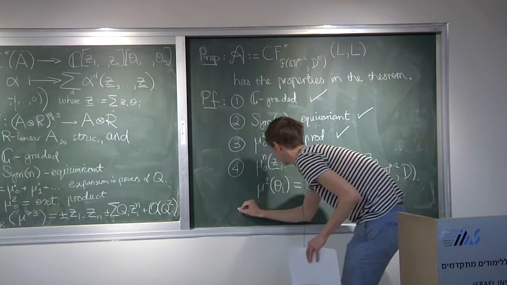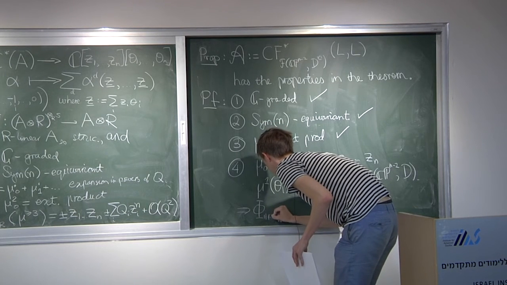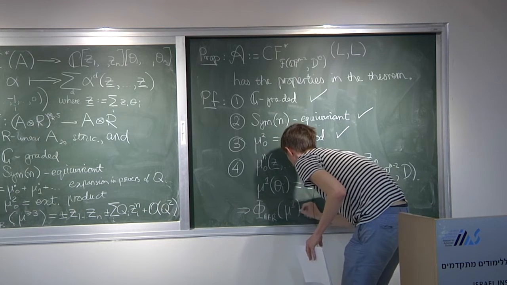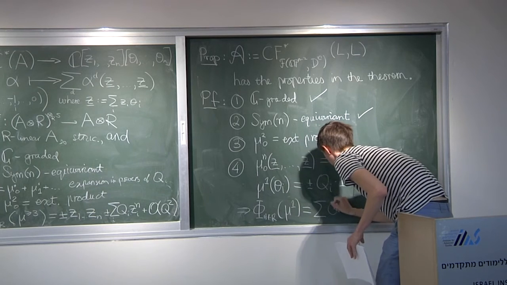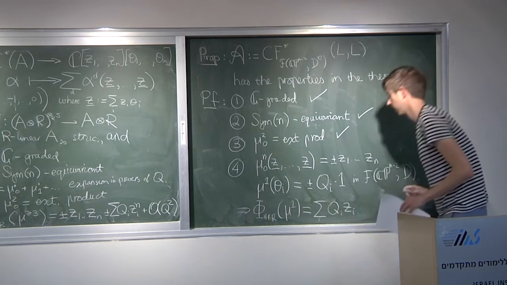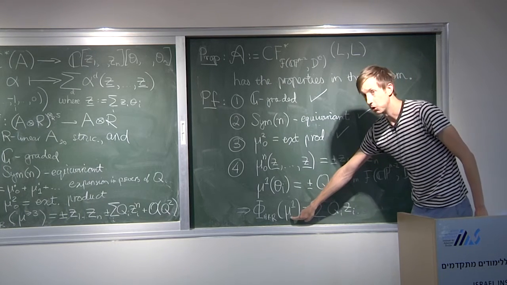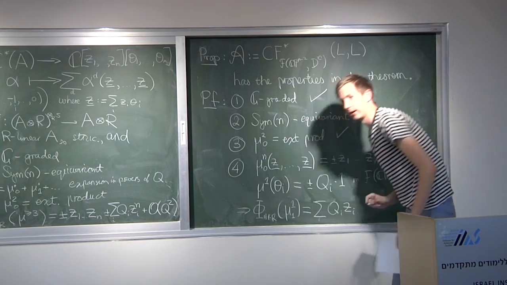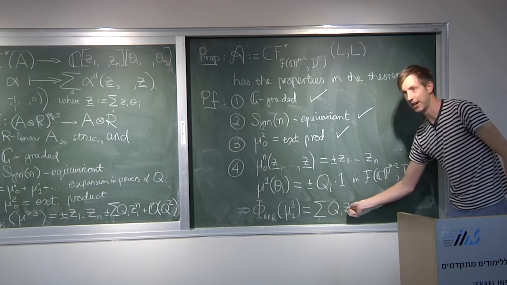So this means that when we apply the HKR map to mu1, the order 1 component, we get the sum of qi times zi here.